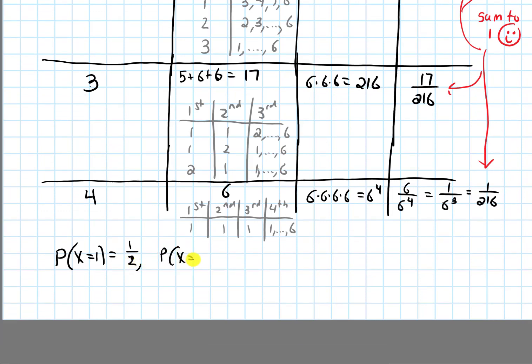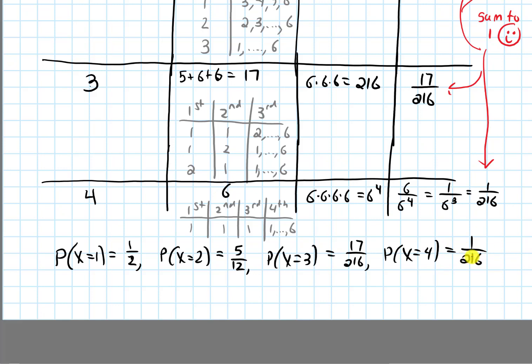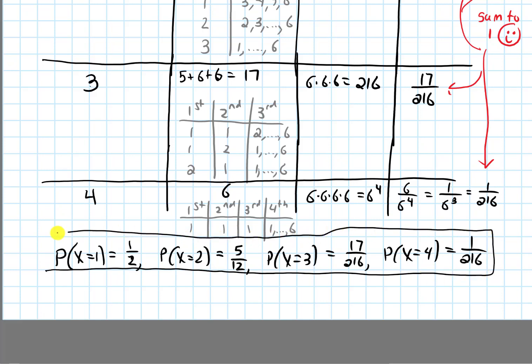The probability that x is 2 is 5 over 12. The probability that x is 3 is 17 over 216. And the probability that x is 4 is 1 over 216. And that's all it wants when it says find the probability density function. Write down the probabilities of each of the values of my random variable.